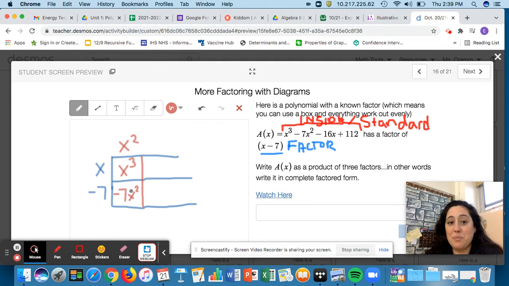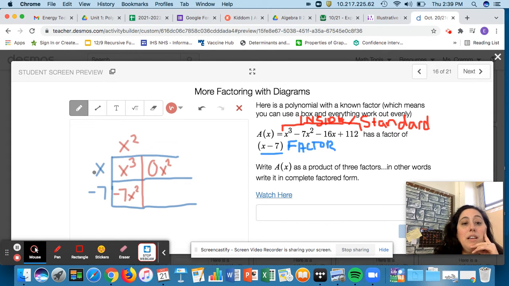I don't need to add or subtract anything to negative 7x squared to get negative 7x squared, the exact same thing, okay? So I'm going to put 0x squared. Remember, the diagonals are always going to be like terms to combine, but I'm basically saying negative 7x squared plus nothing gives me itself, okay?